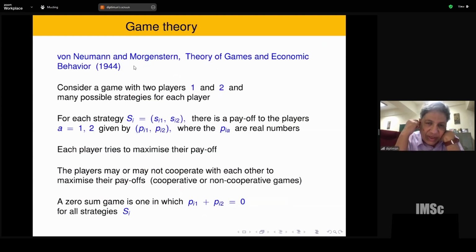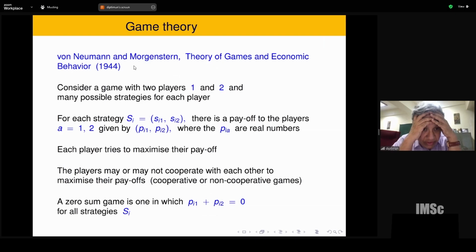And now here's a very quick introduction to game theory. I'll say more about game theory as we go along, but this is a very basic slide. The subject probably began with this seminal work by von Neumann and Morgenstern called The Theory of Games and Economic Behavior, 1944.